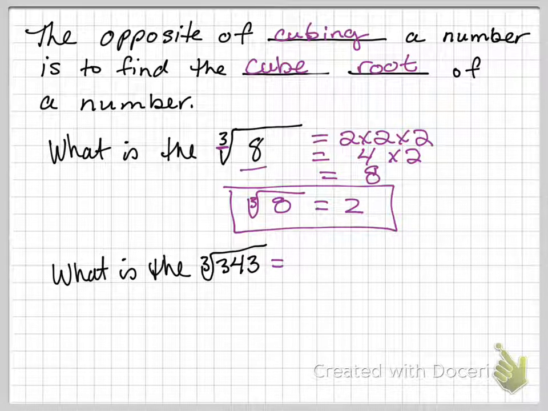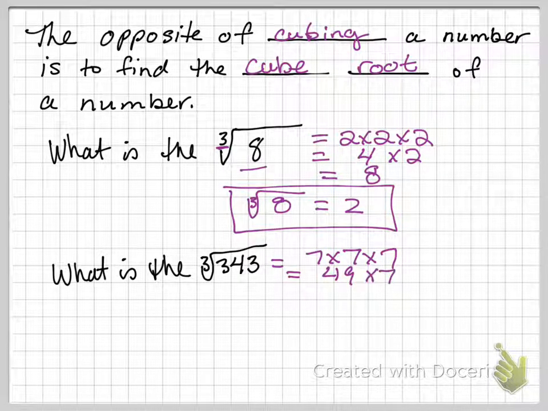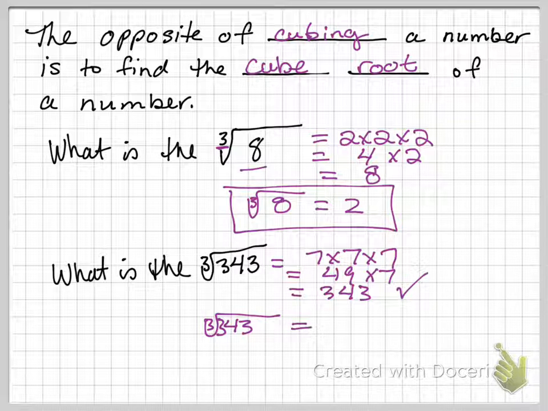So let's try the next one up. So if we go 7 times 7 times 7, this might work for us. So we have 7 times 7 is 49, and then 49 times 7 is 343. So that's the same number, so that works out. So that means that the cubed root of 343 is equal to 7.